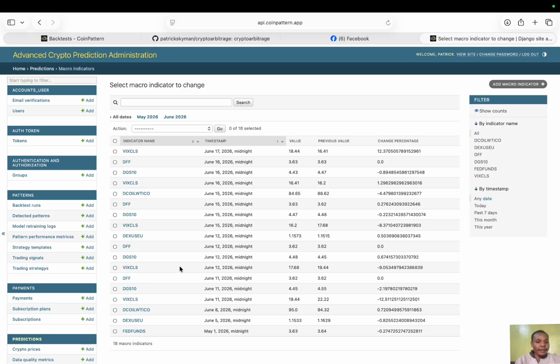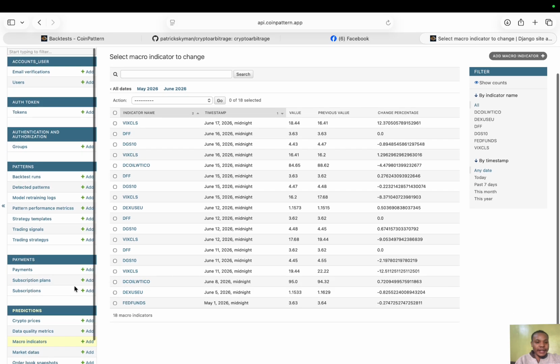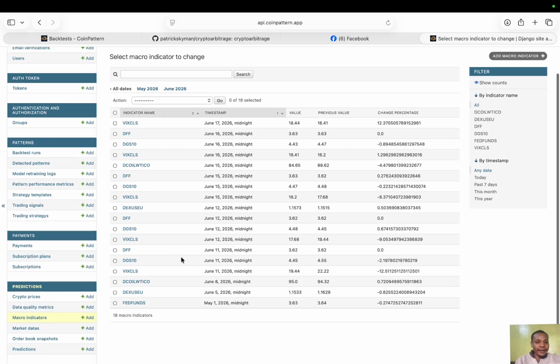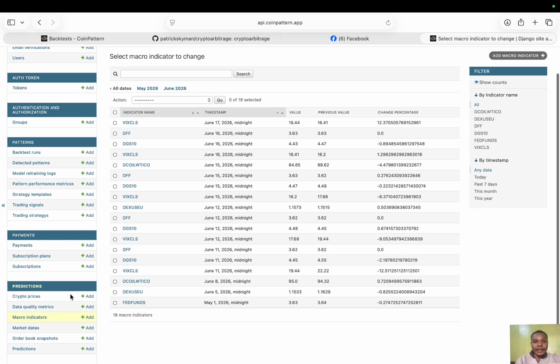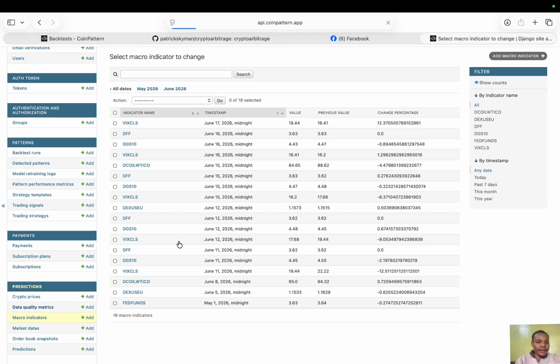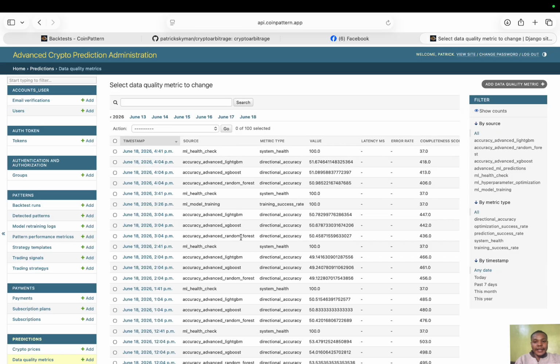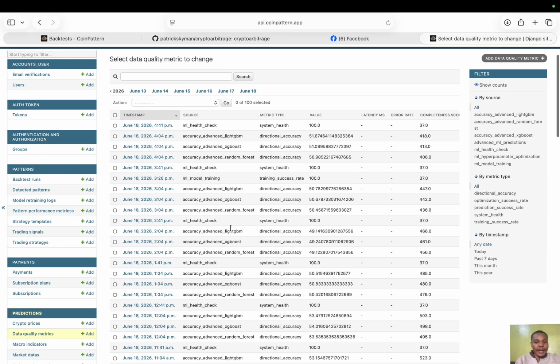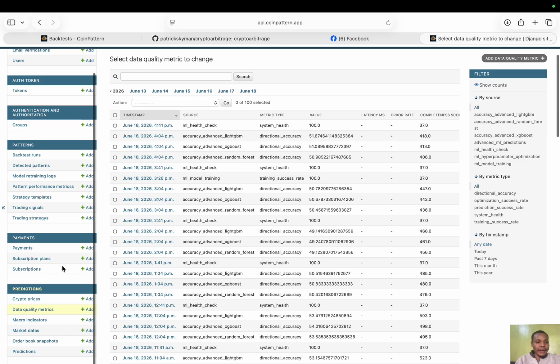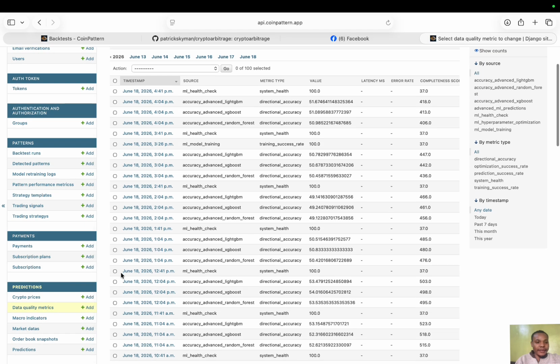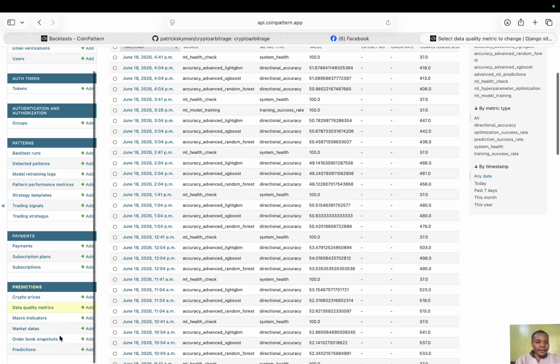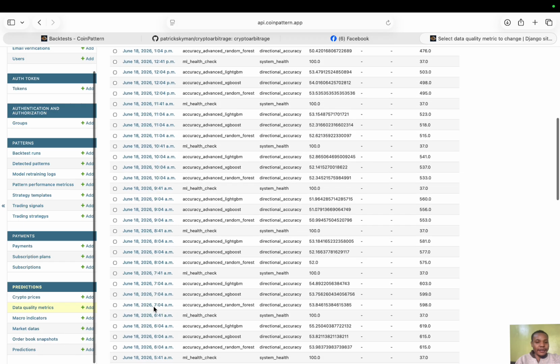We also have the macro data. We're fetching the macro data as well, and all these are weighted depending on how much they participate in our predictions and detections. As I said, I had to deactivate hyperparameter tuning because of my server. That takes a lot of RAM, memory, and CPU, so I had to deactivate that, unfortunately.